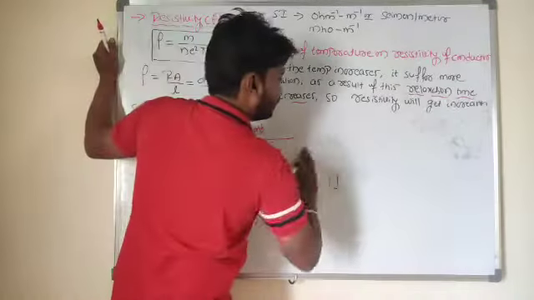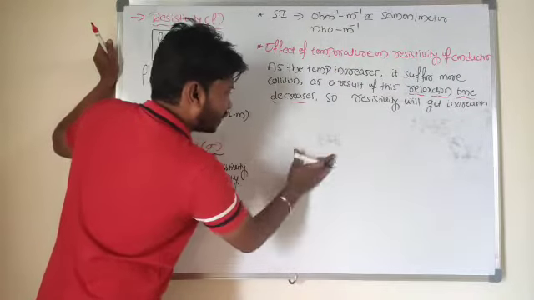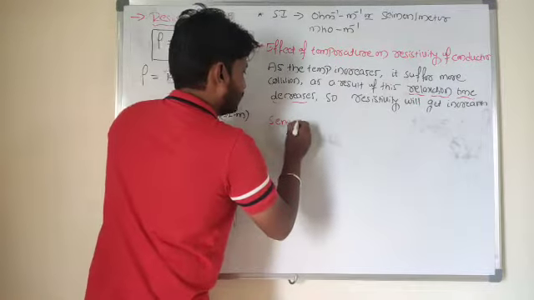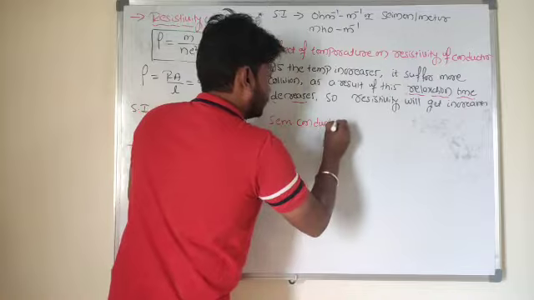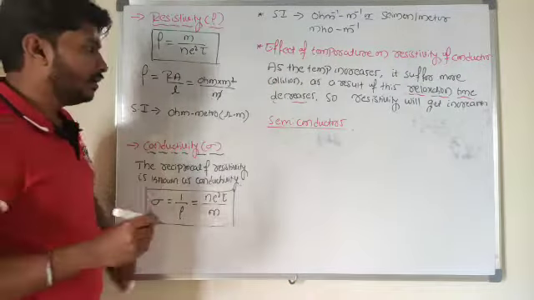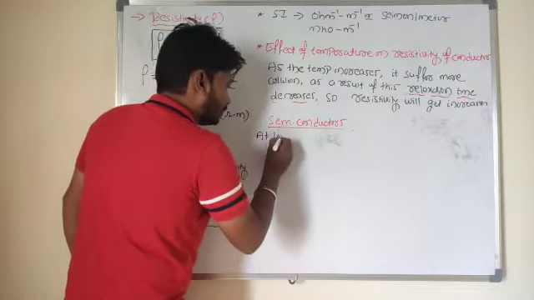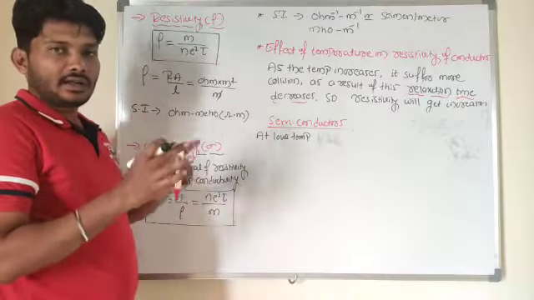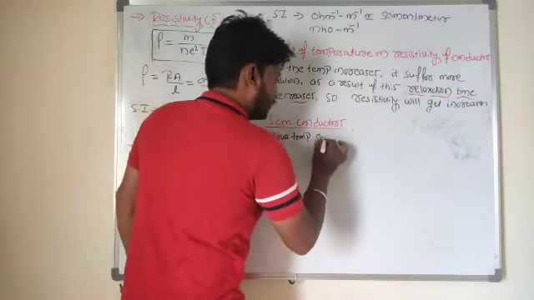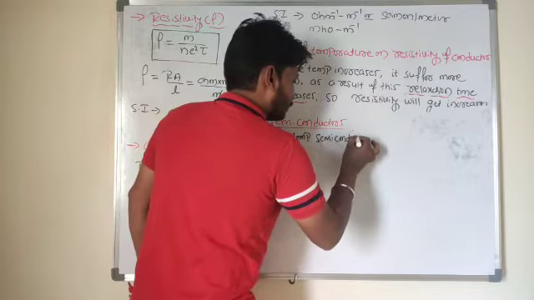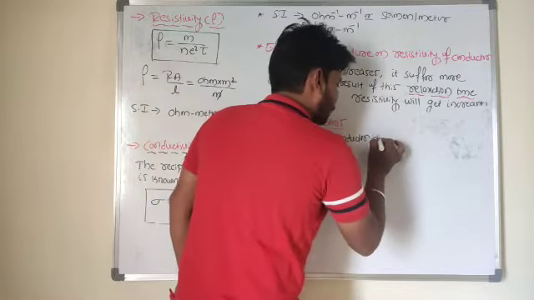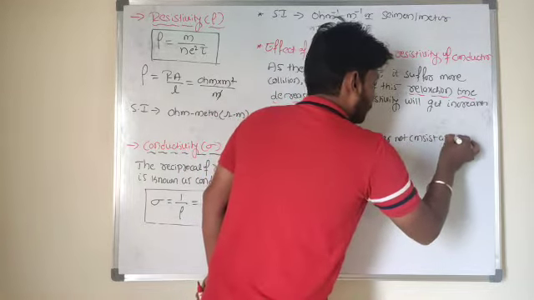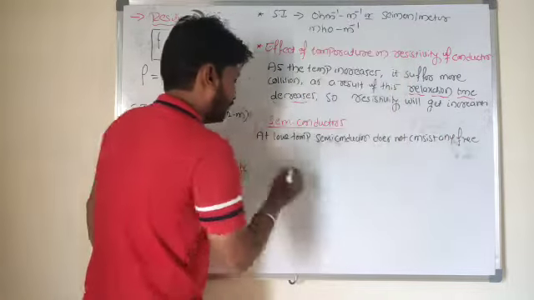Now let me explain the conductivity and resistivity of semiconductors. Look here. At low temperature, a semiconductor does not consist of any free electrons.